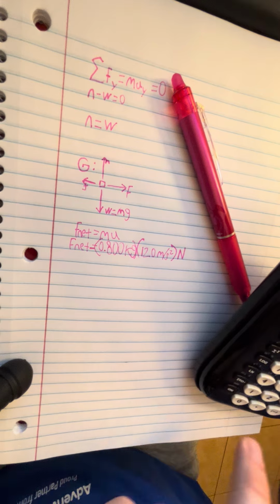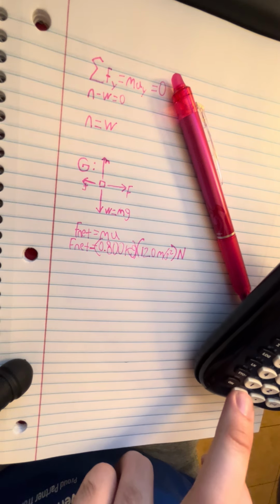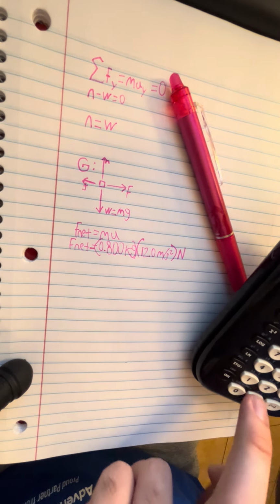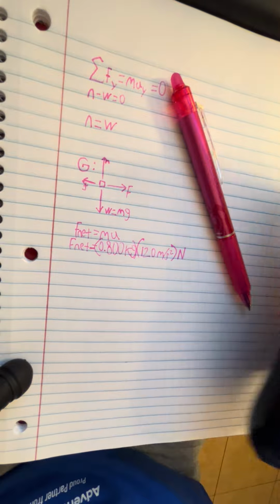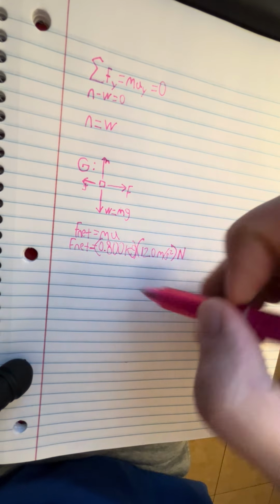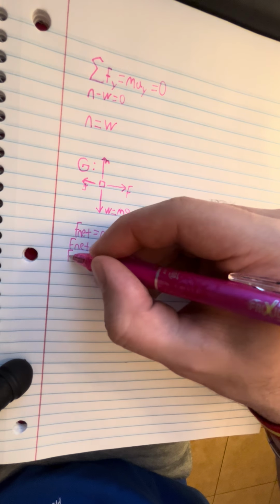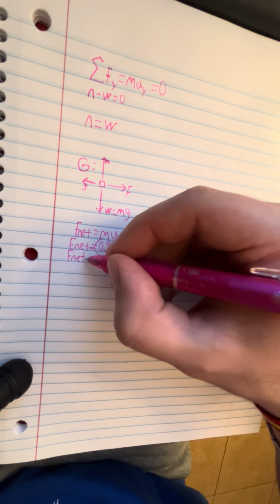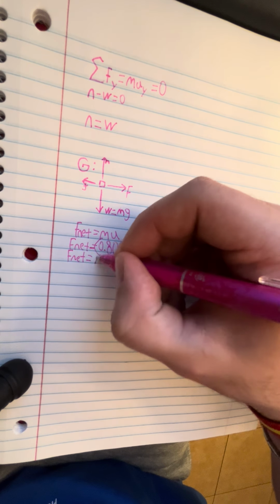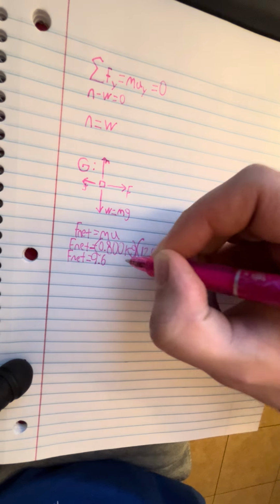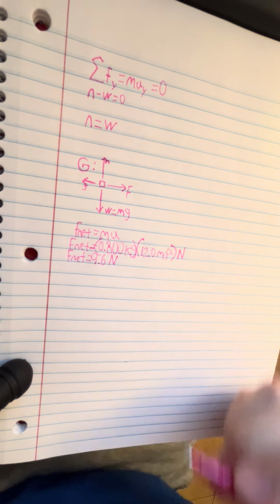After doing some simple calculations on the calculator, we get a nice round number: net force, or F net, is equal to 9.6 newtons.